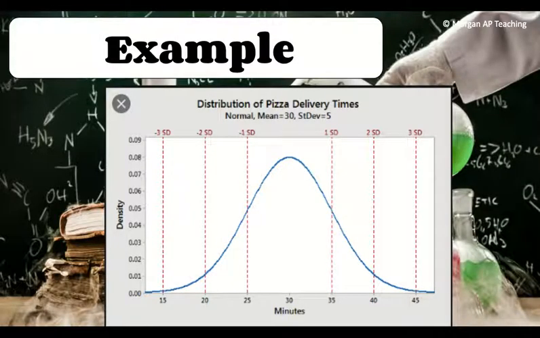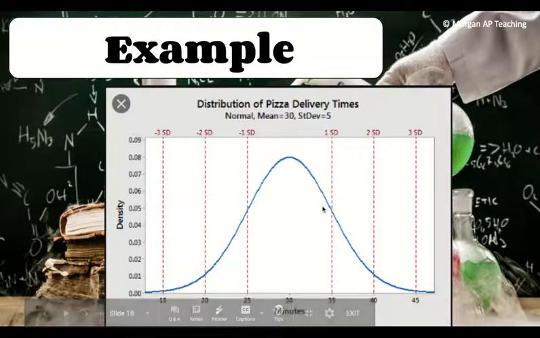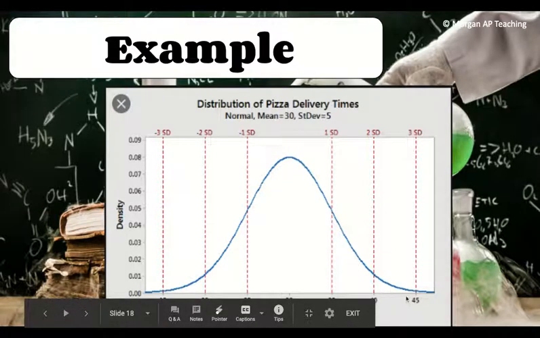So here's an example of a normal distribution, and this is basically a normal bell curve that you might see when you're getting data. Not every bell curve will be as normal as this, but it can work.